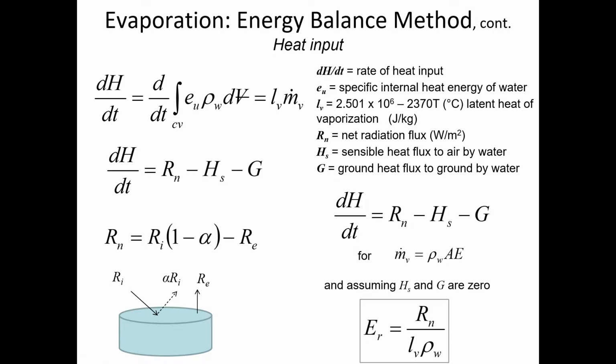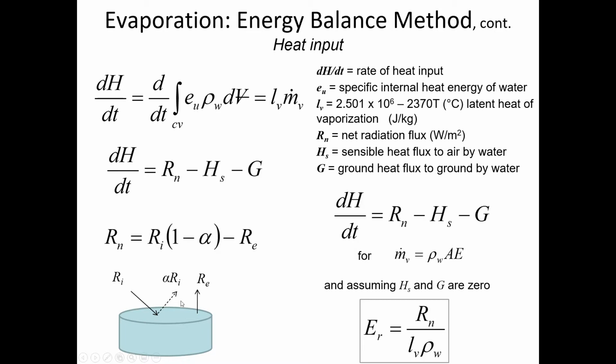I mentioned before that water has one kind of reflectivity if it's clear water, but if it's murky, turbid water with a lot of suspended sediments, then it would absorb more and reflect less.